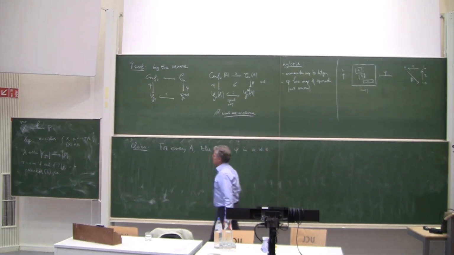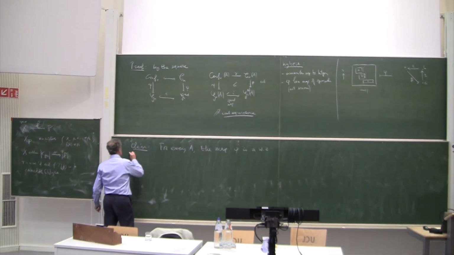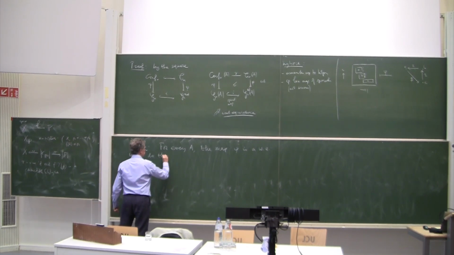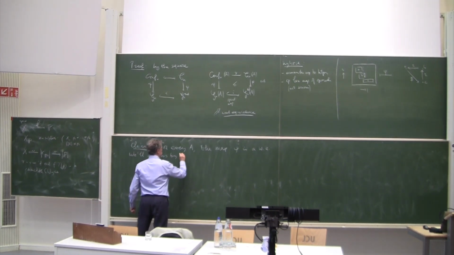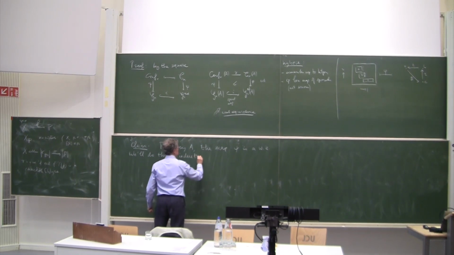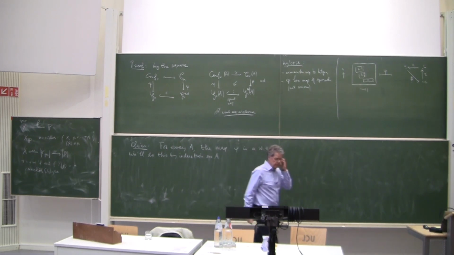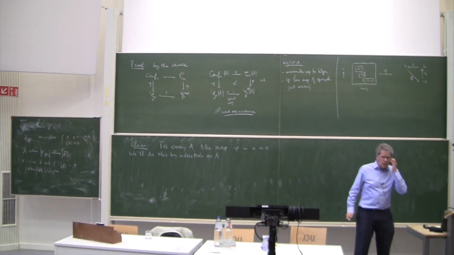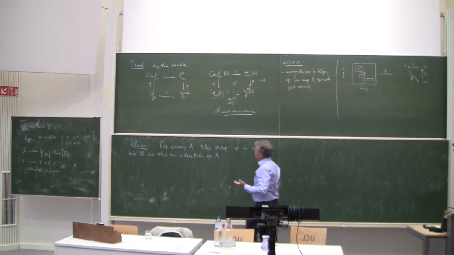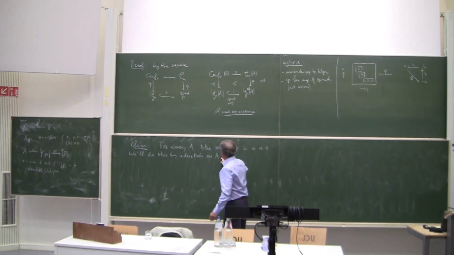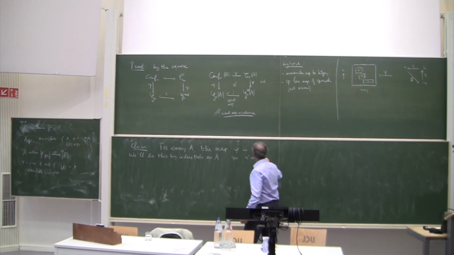The proof of the claim will go by induction on A. So I leave the case of the one point set to you, and so suppose A is B union one new element a.